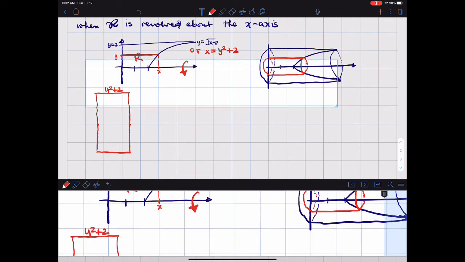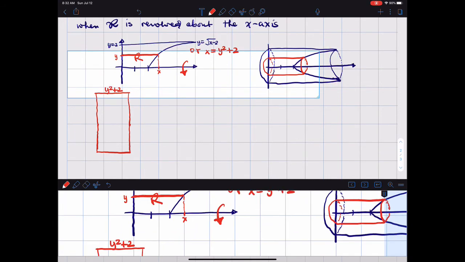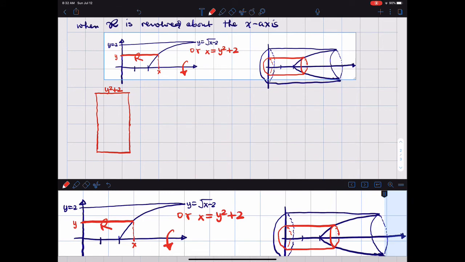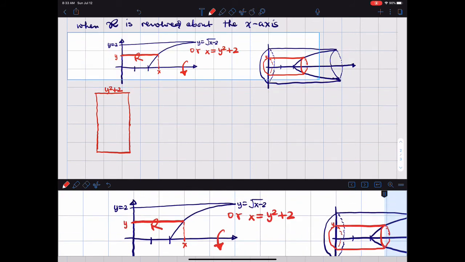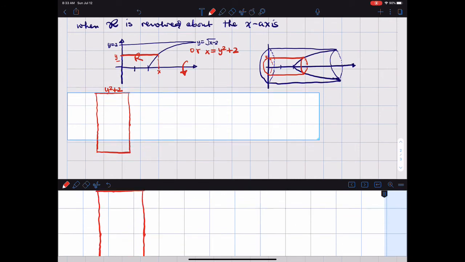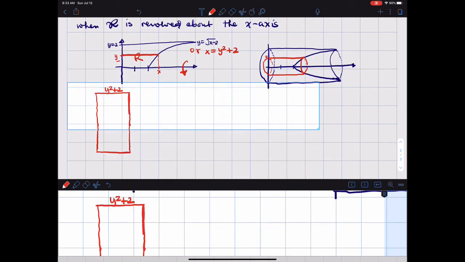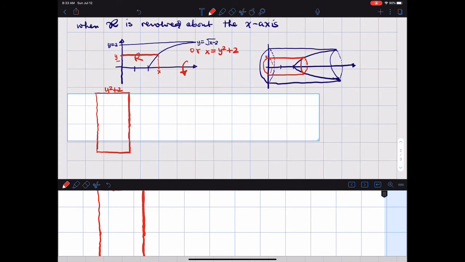Now the radius over here, if you look at this, is y. You're going from 0 to y, y over here, and then y over here too. So since the radius is y, the circumference of our shell is 2 pi r, but r is y.